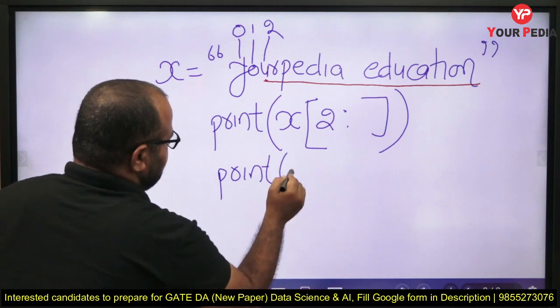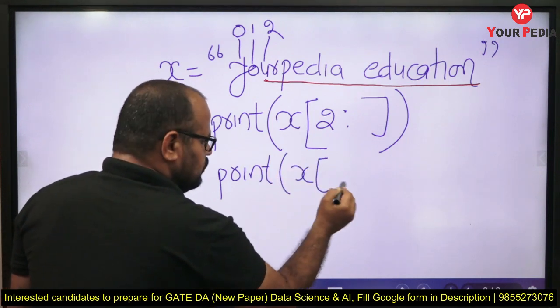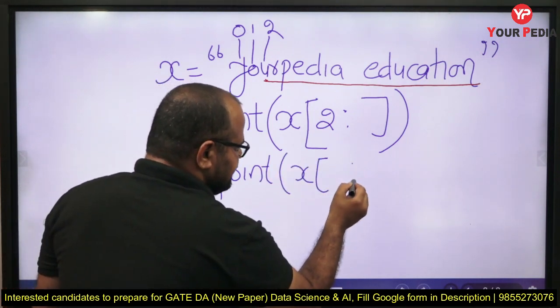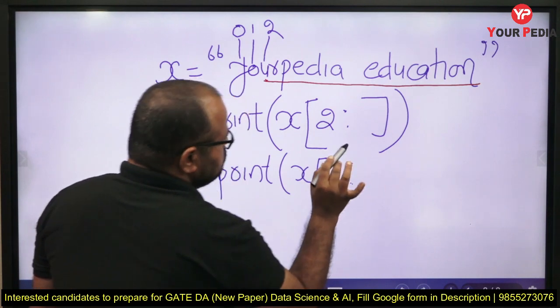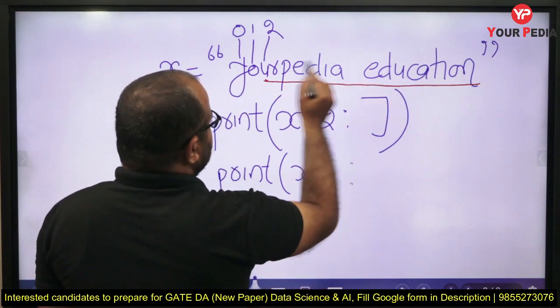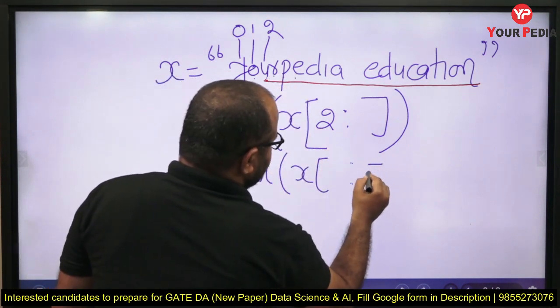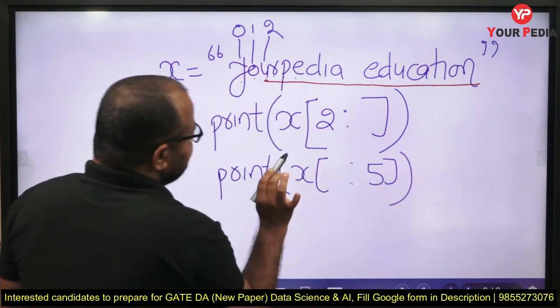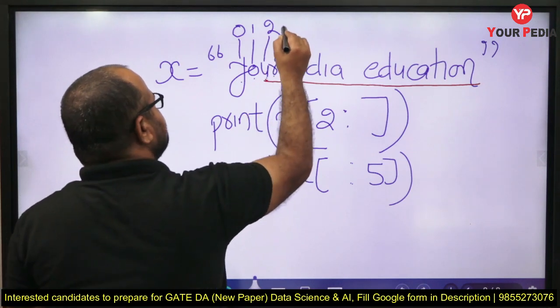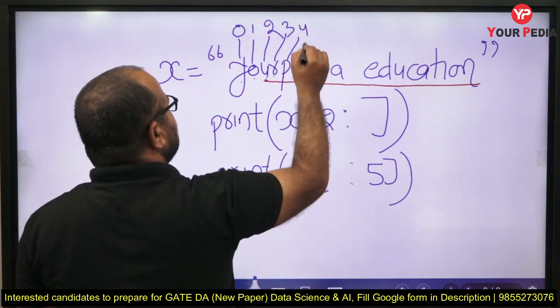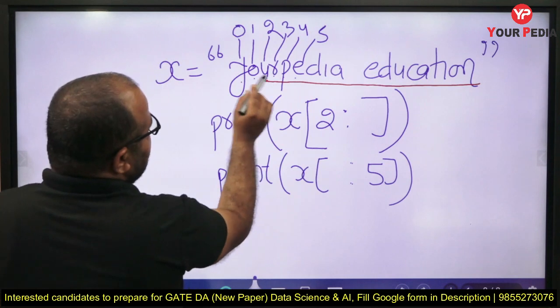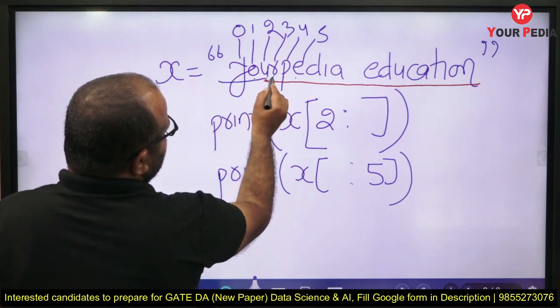And if you write print X with no starting point, but just an end of 5, again 5 is not included, so only indices 0 to 4 are printed.